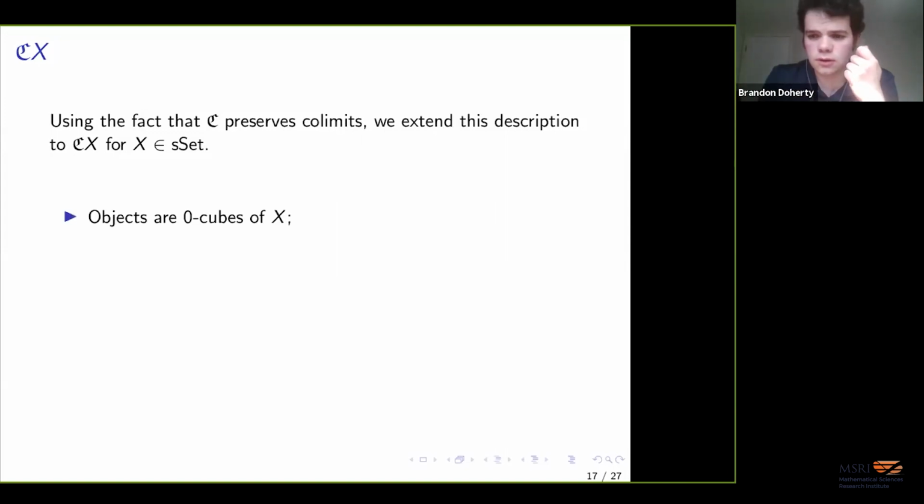So here's our description then of Cx for a simplicial set X. The objects, once again, are just the vertices of that simplicial set, the 0 cubes.